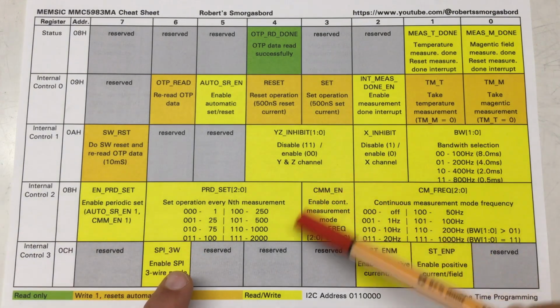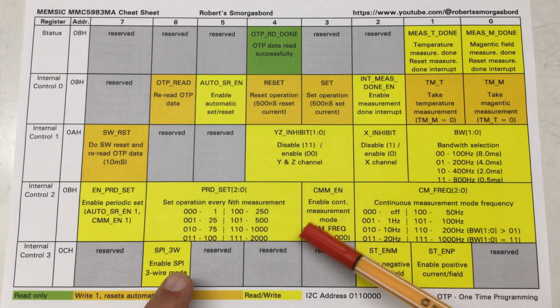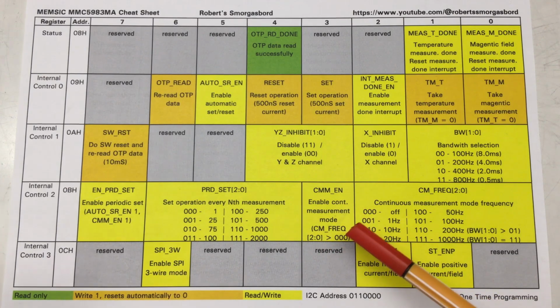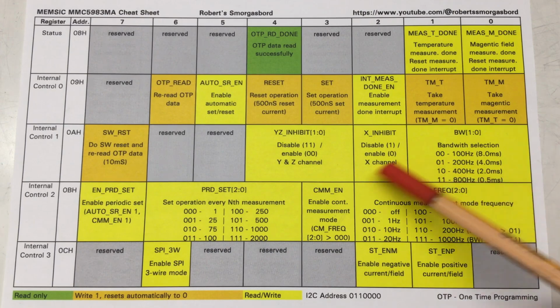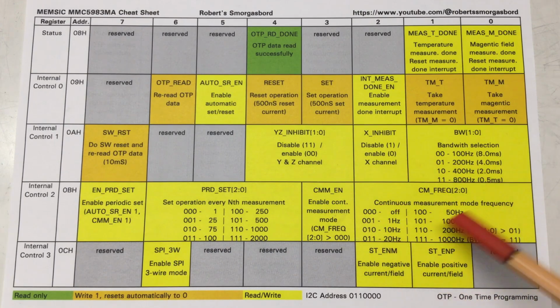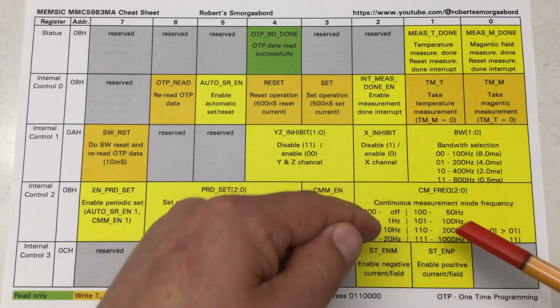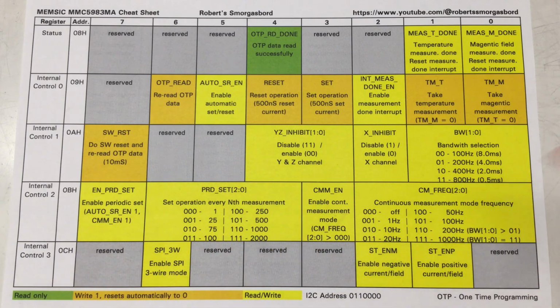Then we have an additional bit here, enable continuous measurement mode, also in the internal control register 2. You need to set this bit so that the continuous measurement mode frequency actually does something, so, for example, does a magnetic field measurement every second at 1 hertz.